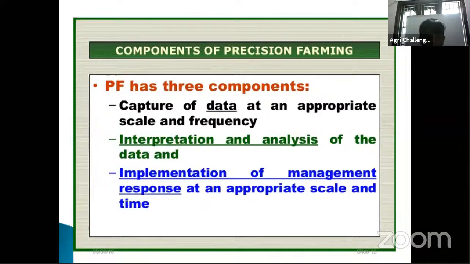First captured with the help of remote sensing, then interpreted and analyzed, and the data decoded, and that information is fed into the variable rate technology machine or vehicle. That vehicle, with the help of GIS and GPS, applies inputs based on the quantified variability. These three steps: capturing the data, interpretation of the data, and implementation to overcome the problem. Then tools for precision farming.